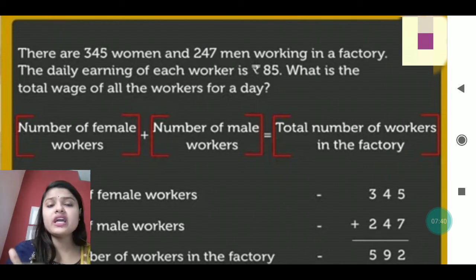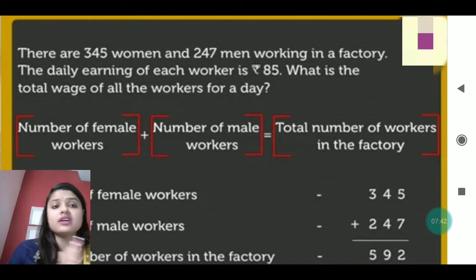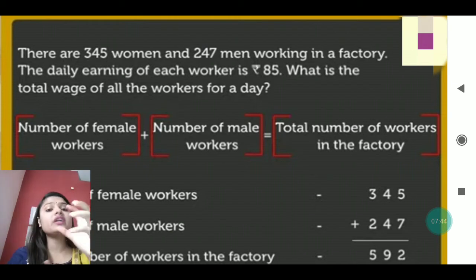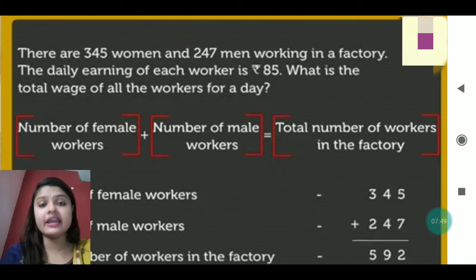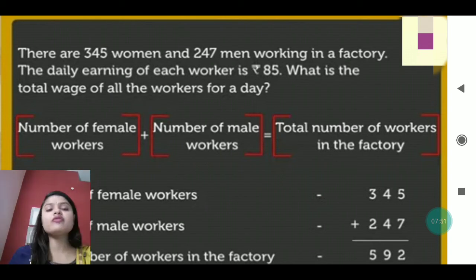What is the total wage of all the workers for a day? Wage means total earning. This question is a little bit tricky, because we have to do two things here. Directly we cannot multiply and get the answer.